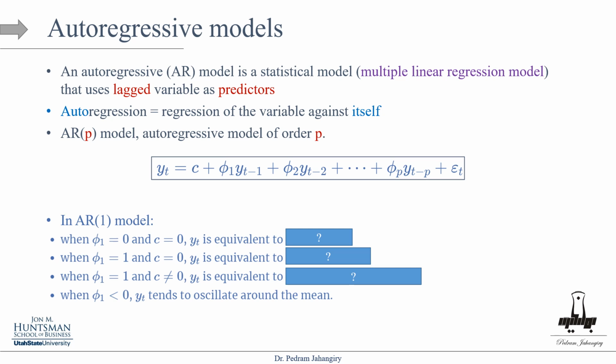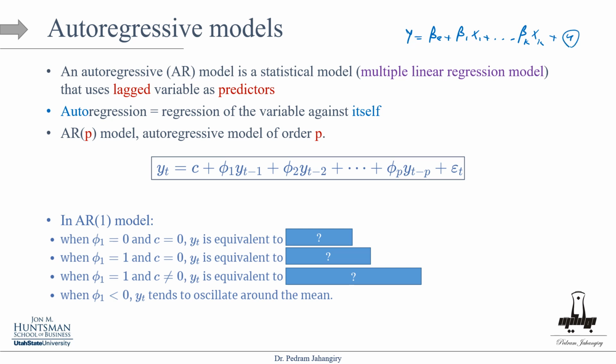An autoregressive model is a statistical model. Basically, this is a simple multiple linear regression model. It's nothing fancy. If you remember from your basic econometrics courses, we have y equal to beta 0 plus beta 1 x1 all the way to beta k xk plus some error term, or unobserved variable, right?